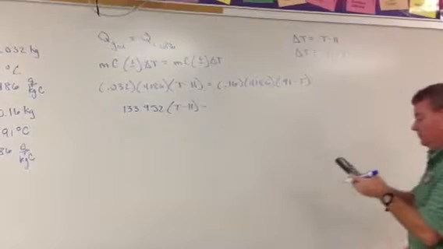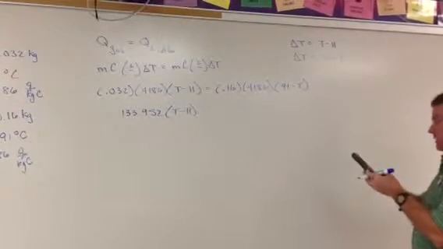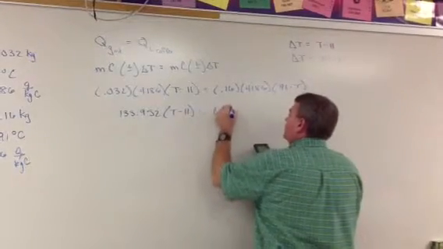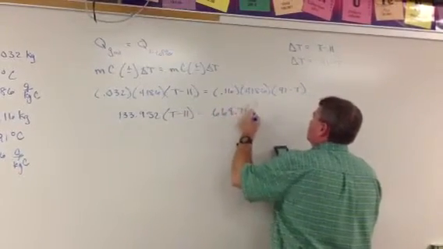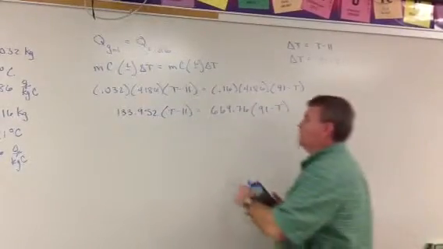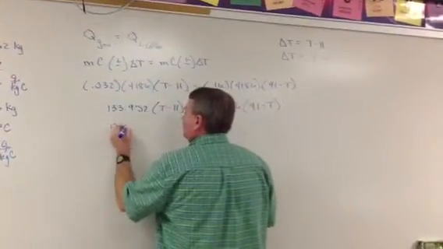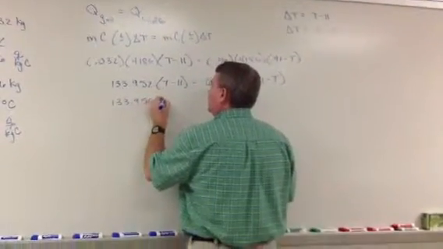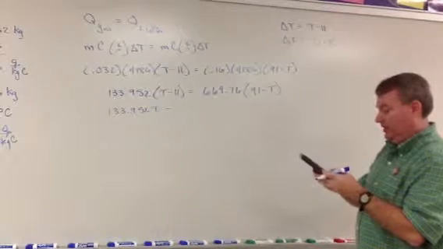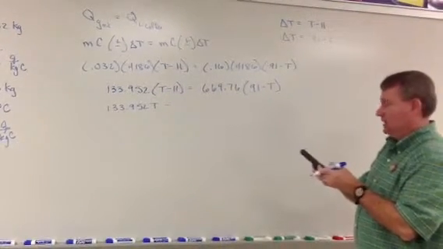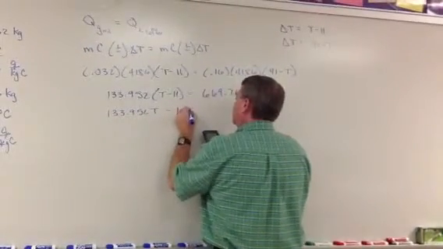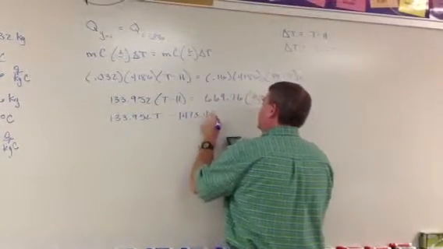That's equal to 0.16 times 4186, 669.76 times 91 minus T. Now we're going to distribute this through: 133.952 T minus 133.952 times 11, which is 1473.472.